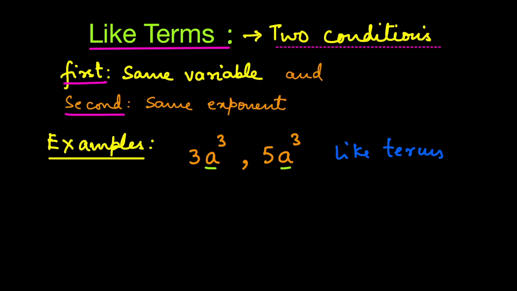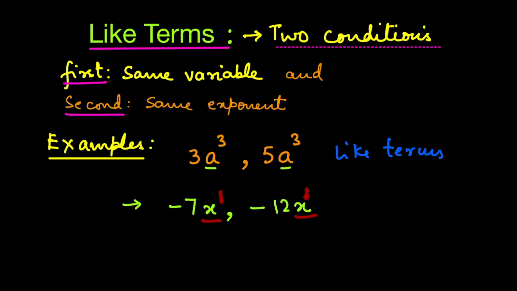Next example, minus 7x and minus 12x. Here, what are the variables? The variable is x. What is the exponent here? It's 1, and here also the exponent is 1. Whenever the exponent is not given on the variable, it's 1.